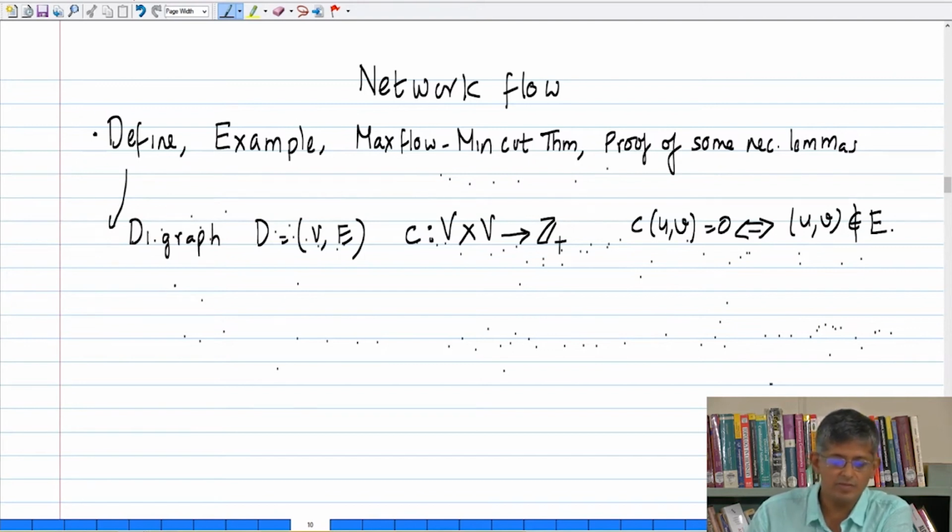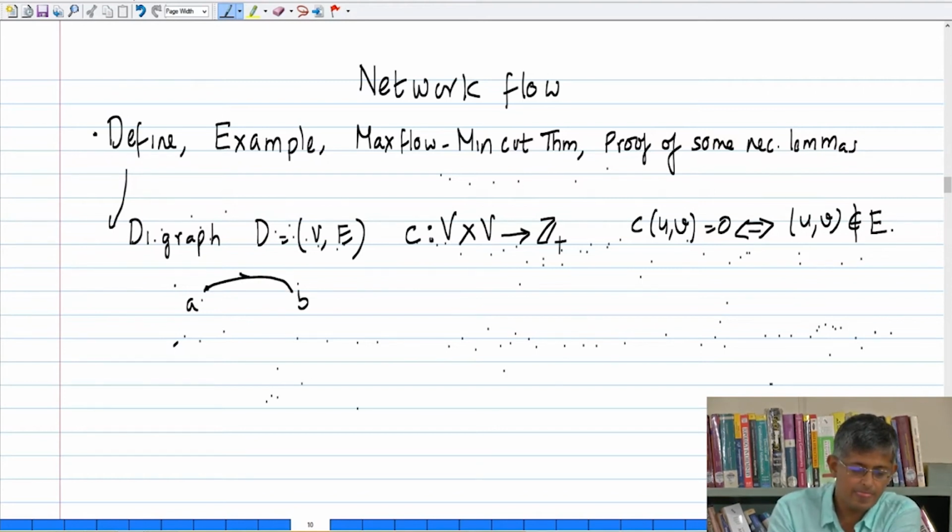We'll also make one more assumption on the digraph, that in the given graph there are no parallel arcs. In other words, there are no arcs which look like this.